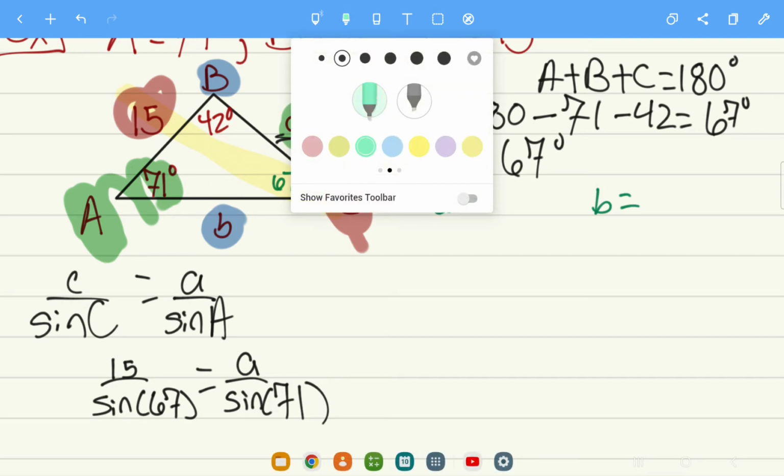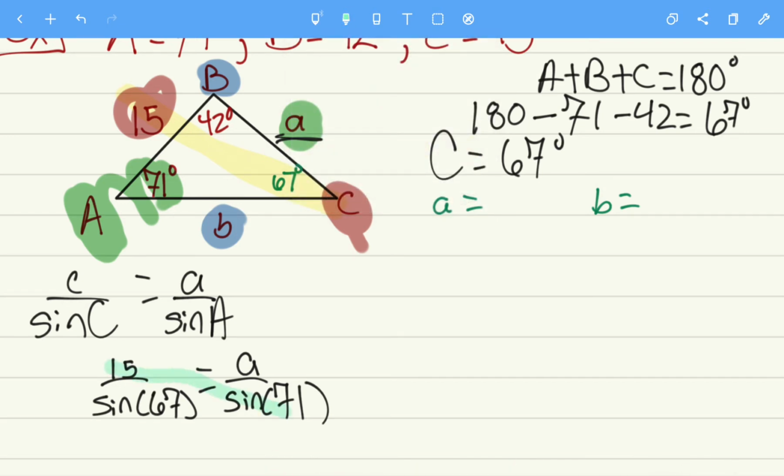Now, we have an equal sign separating the fractions, so we can actually cross multiply here to give us a times sine of 67 equals 15 times sine of 71.